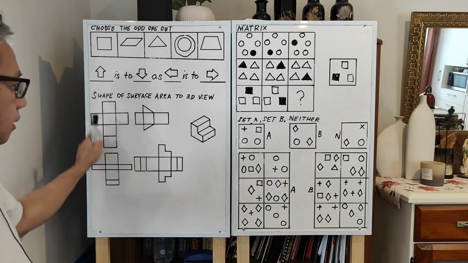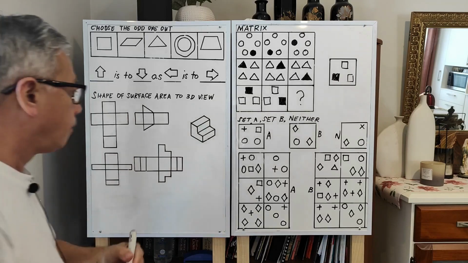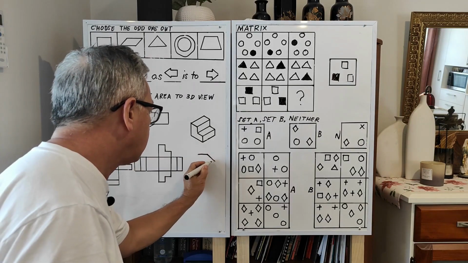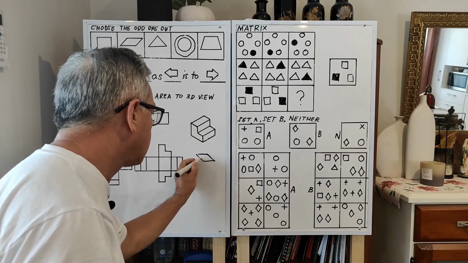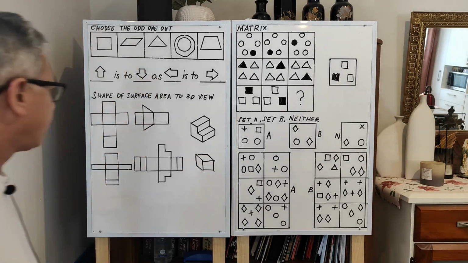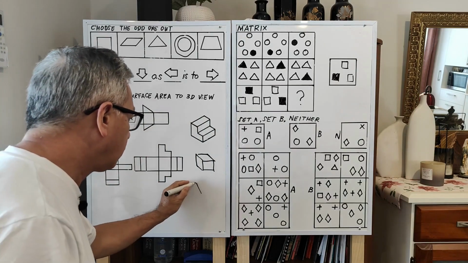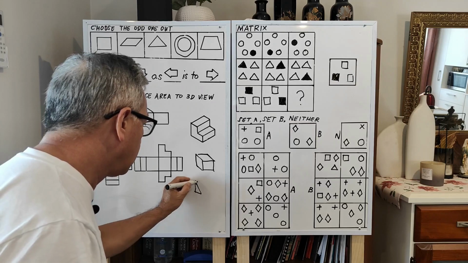On the first picture, if you folded it up, it will look like a regular box of squares on all sides. This one, if you folded it up, it will be looking like this.